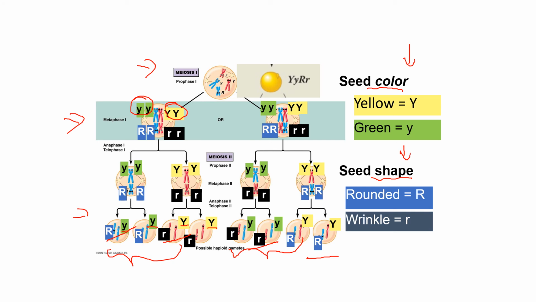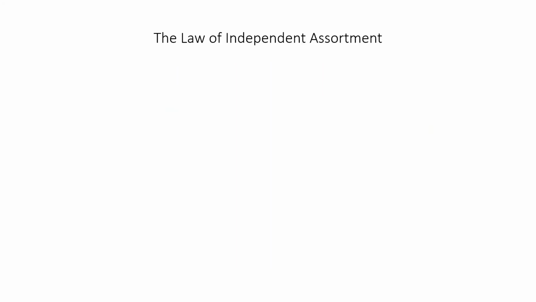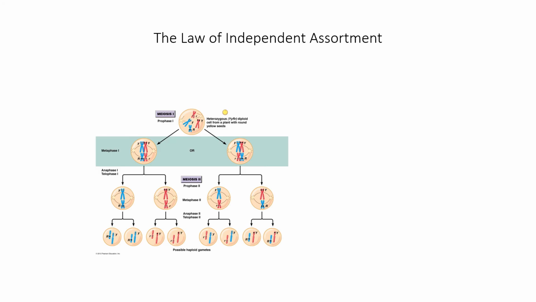And again, this is very well explained in the Campbell biology. If I'm not reminding you of something that you studied in high school, I highly recommend you go and read the Campbell biology. This is just a quick reminder.